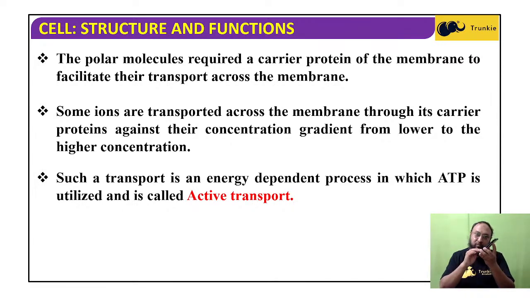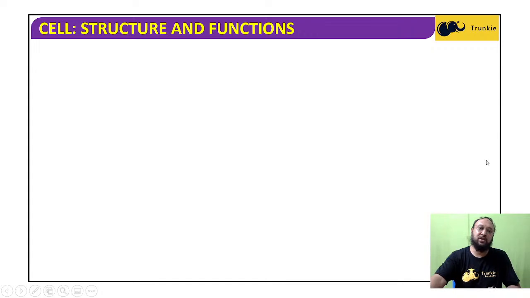But when you have to roll it up, against gravity, it requires energy, right? Similarly, this analogy helps you understand that in active transport, where molecules move from lower concentration to higher concentration, it is an energy dependent process where ATP is utilized.